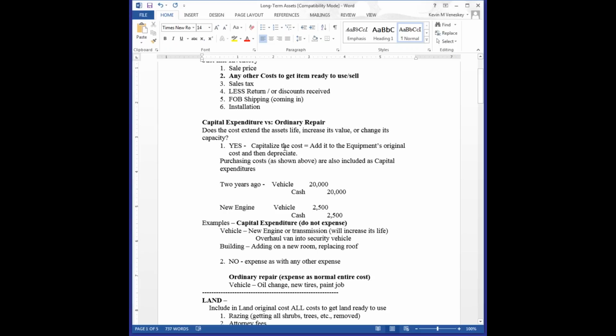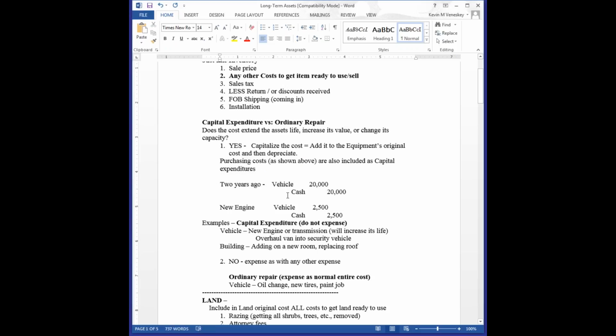Notice I didn't use the word expense, we use the word expenditure because yes, we are paying for something, but we don't include it in our everyday expenses. What we do is we actually debit the actual asset that we bought many years back, and we up that asset's value. So in the case of buying a new engine, as you can see what I did here with my little example, say 2 years ago I bought this vehicle.